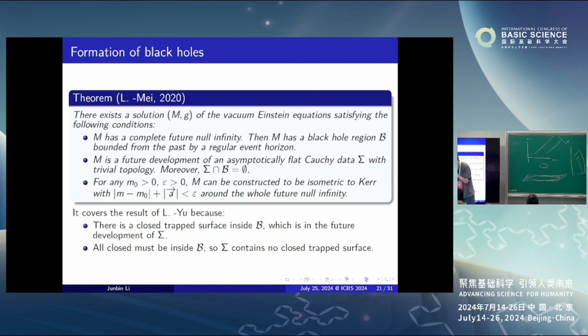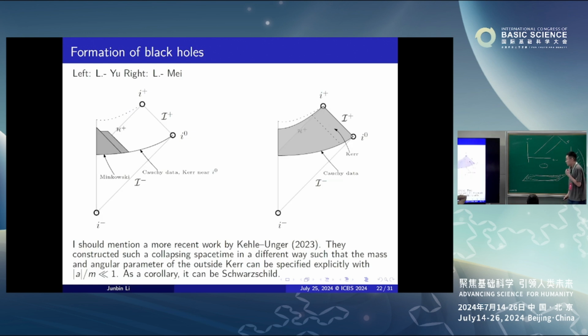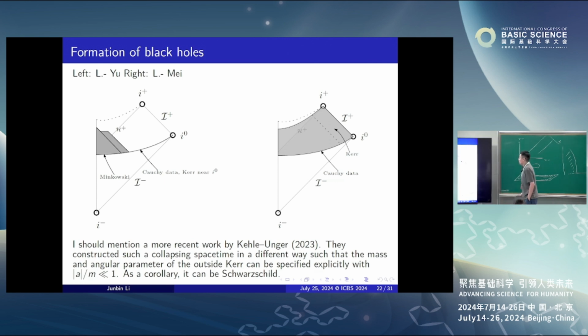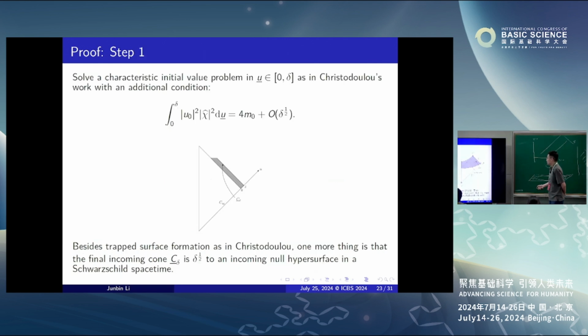You can specify M0, and the resulting M, a is sufficiently close to M0. In their work, they can specify explicitly the Kerr parameters for a sufficiently small. As a corollary, it can be Schwarzschild. This is the advance compared to our work.